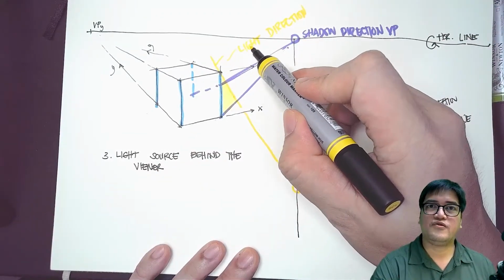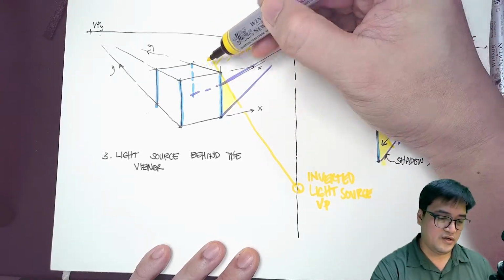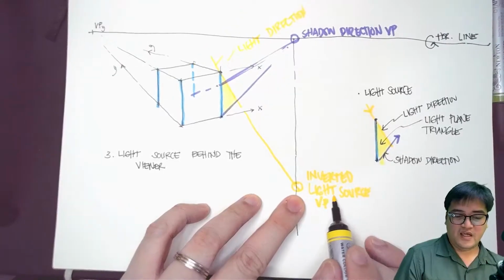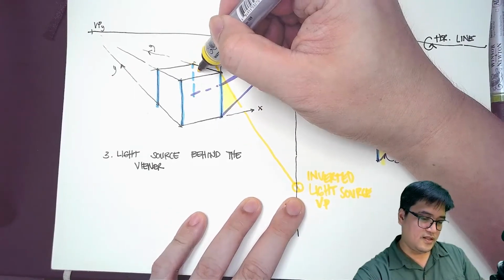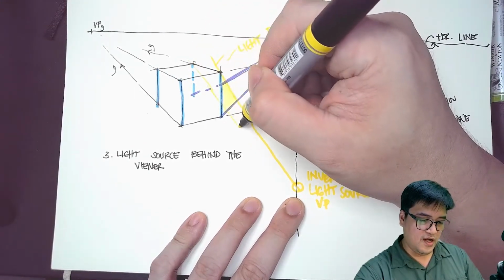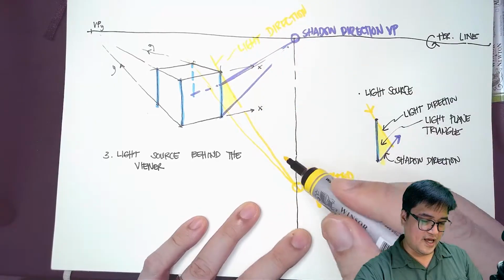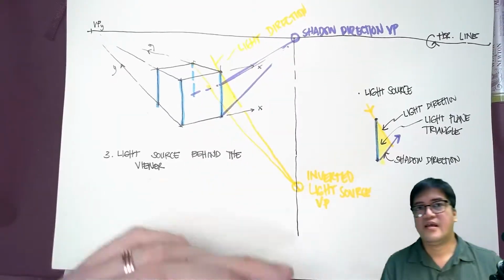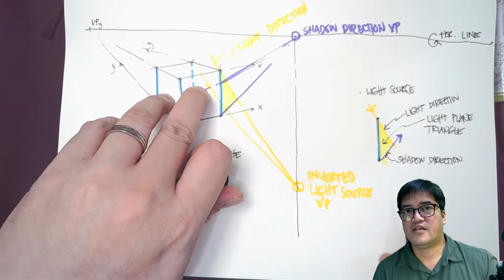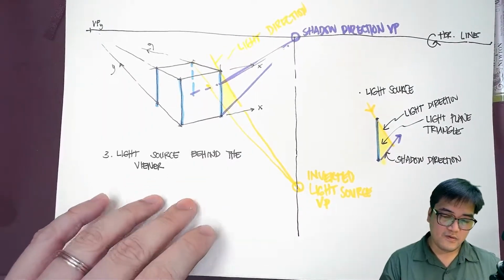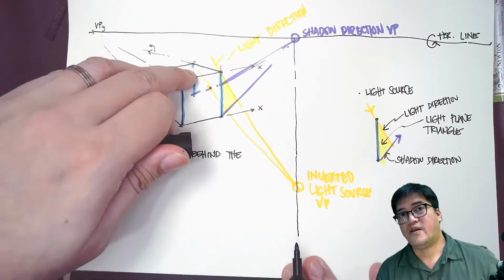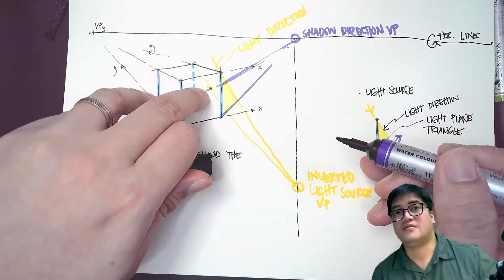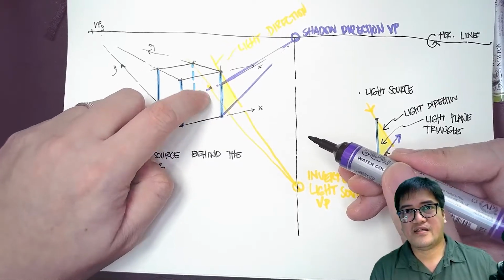So now we can determine the light direction for this point from the inverted light source vanishing point going towards this point. So we draw a straight line like that. Where it intersects with the shadow line here, that now becomes your shadow point. You're wondering why this is important.